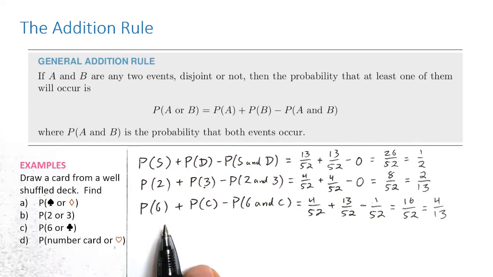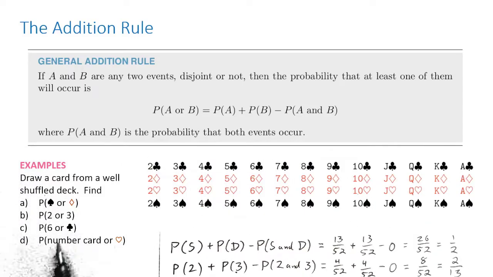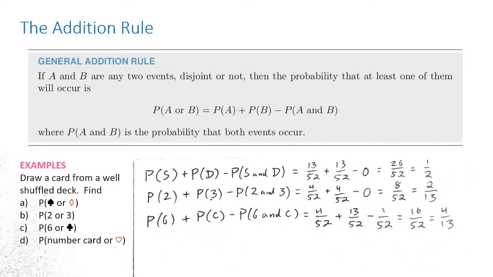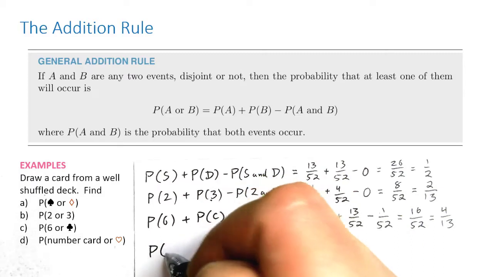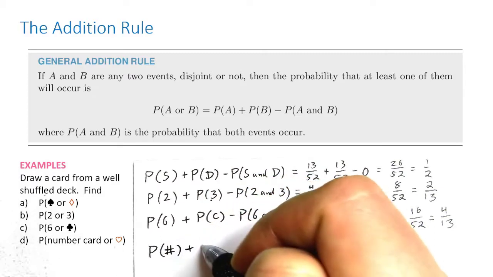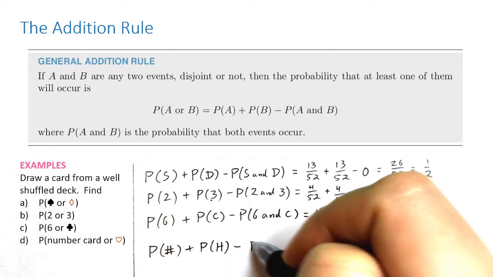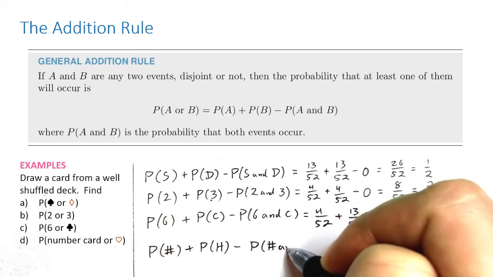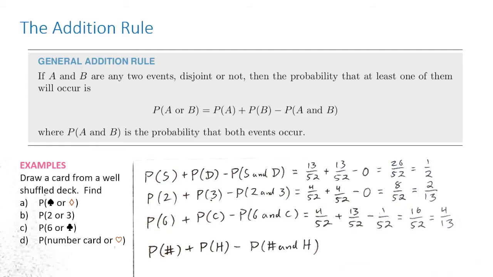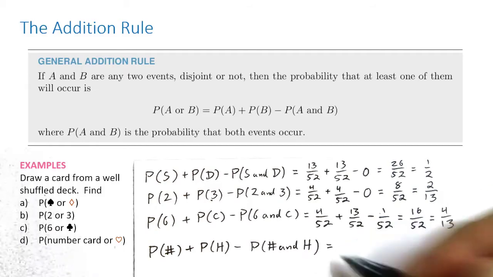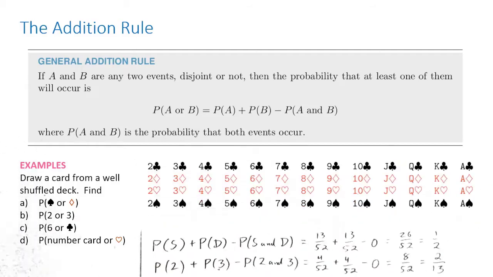Okay, and the last one, the probability of getting a number card or a heart. Okay, so that's going to be the probability of getting a number plus the probability of getting a heart, I'll use H, minus the probability of getting a number and a heart. So what is that? Well, let's see. What's the probability of getting a number?